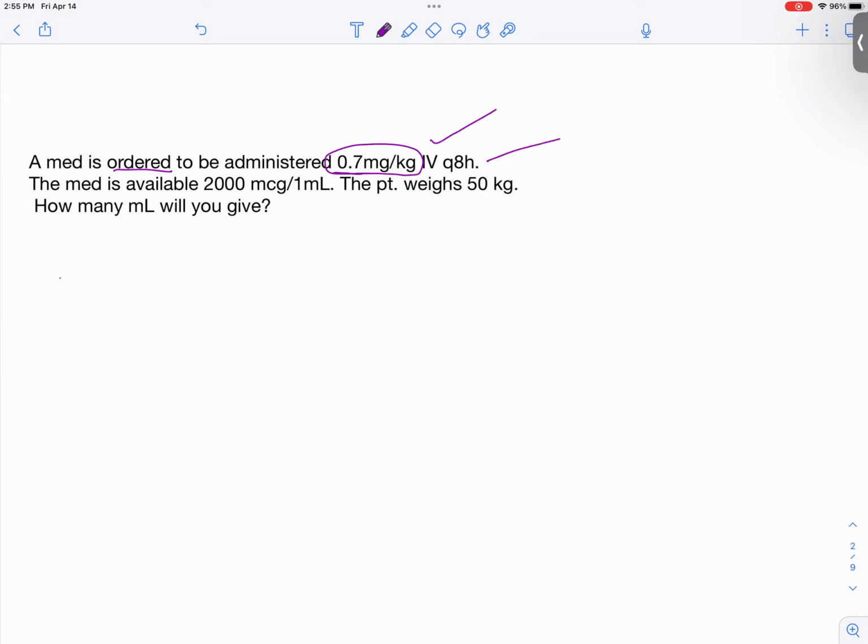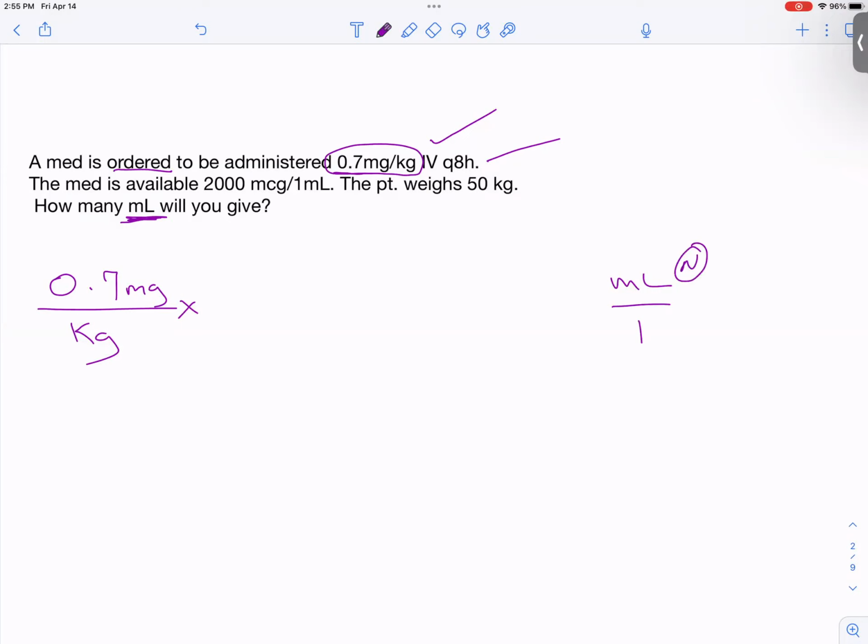All right, so I always start with my given, my order, 0.7 milligrams, and we set up our 2-factor as such. So we have the strength and the weight on the bottom. So this question is telling you what your wanted is. How many milliliters will you give? Well, that was easy. So I know I'm going to give milliliters. Need that on my numerator.